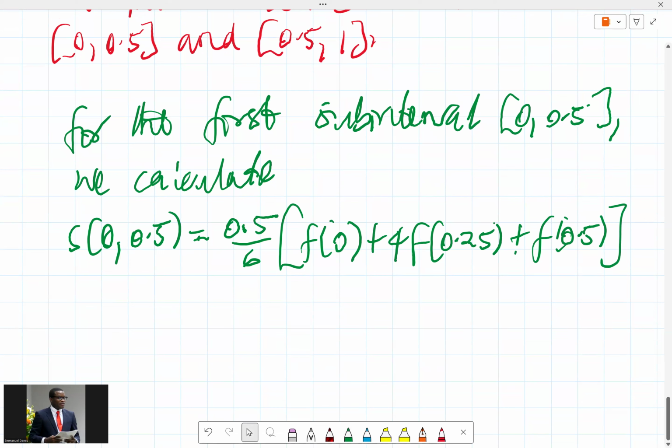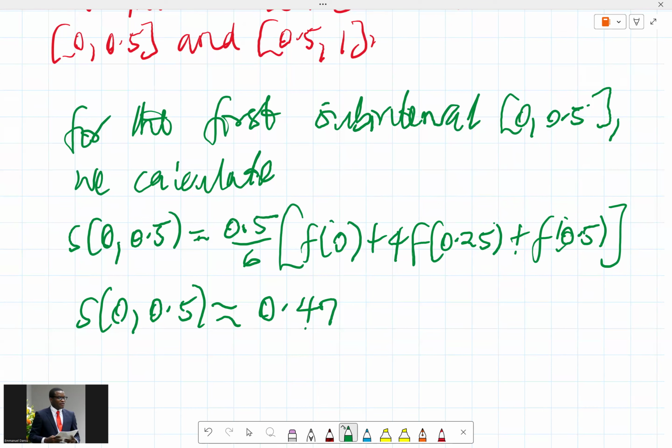Then we have S of 0, 0.5, which is approximately, now if you compute all of this, you just get 0.47. Okay, let me still go on.